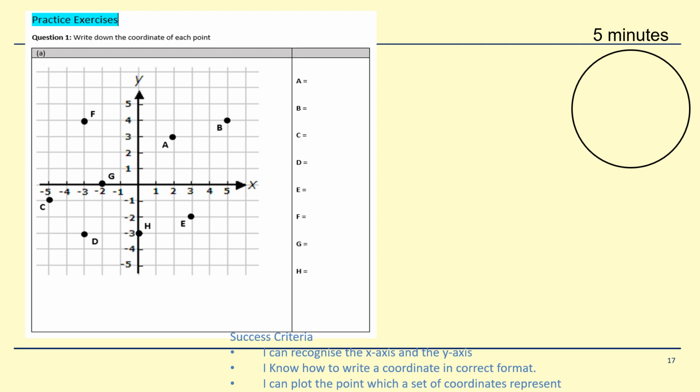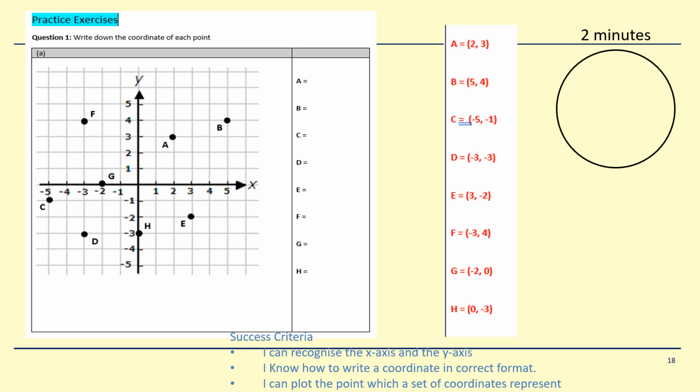Okay, so hopefully you've had the video paused. So now here's your answers. So A is 2, 3. B, 5, 4. C, -5, -1. D, -3, -3.